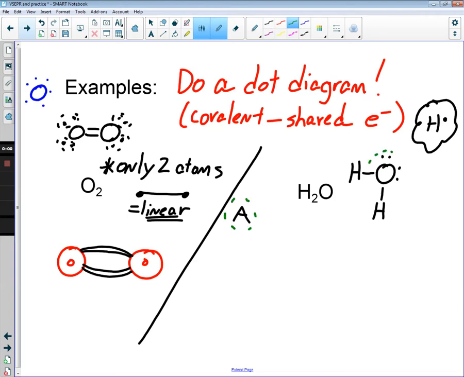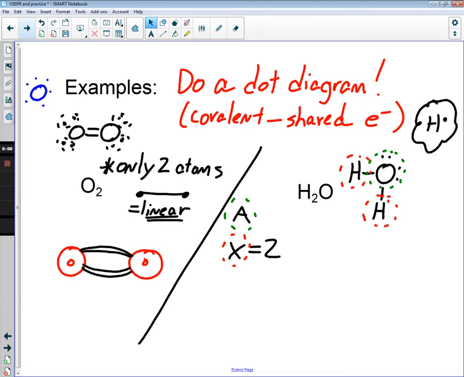So this one right here. Now, how many branches, how many other atoms do I have coming off of this? 2. So in this case, X is going to equal 2. My Xs are going to be this one here and this one here.